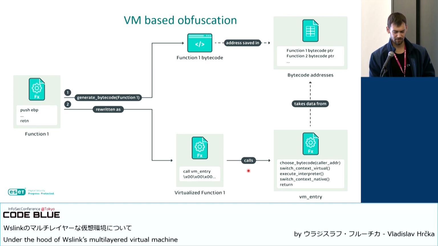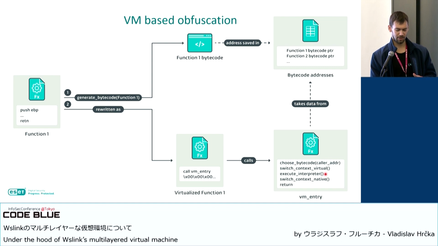And after that, when the VM is executed, we need to choose the bytecode which is supposed to be executed. We can determine it, for example, based on the caller's address, and then switch our context to virtual, because we were running in the native one, using registers like EAX, EBX, and so on, and we now need to move them to our virtual context.